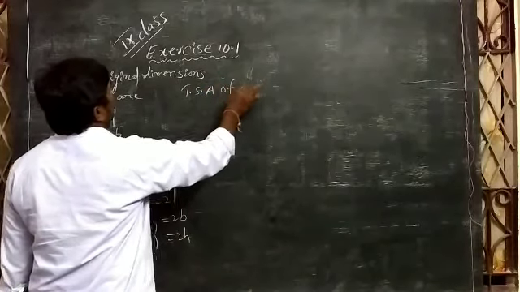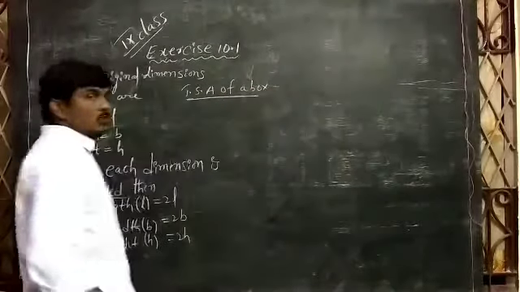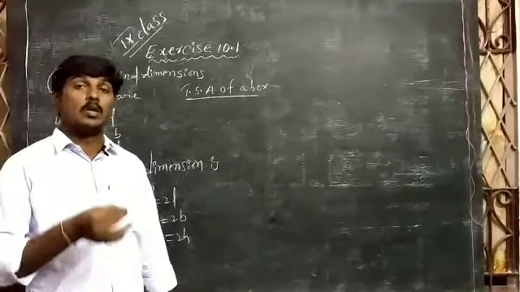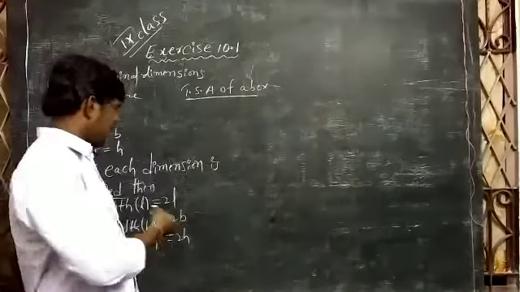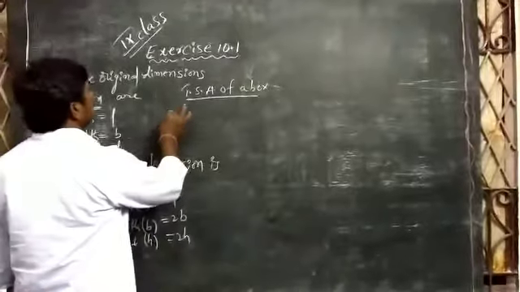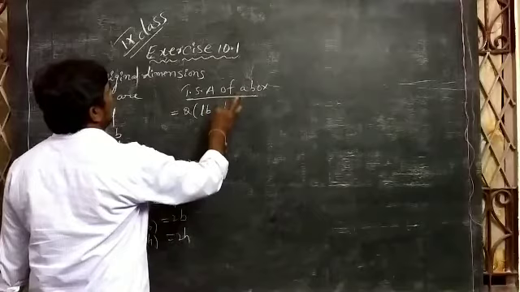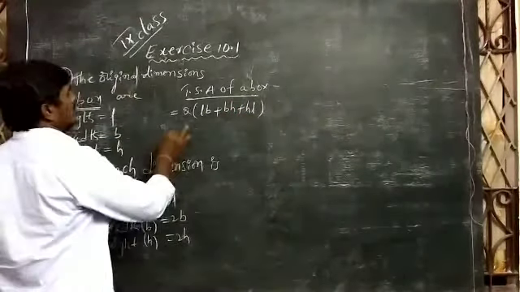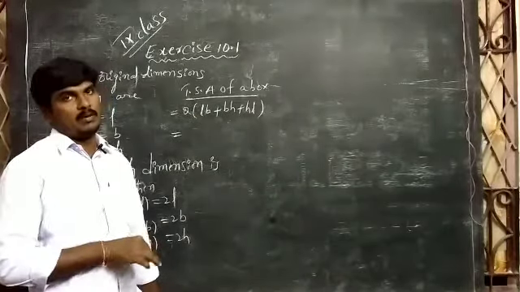First we take the original total surface area of the cuboid, and then according to the condition we change the dimensions. What is the formula? 2 into (LB plus BH plus HL). That is the original total surface area formula of the cuboid.